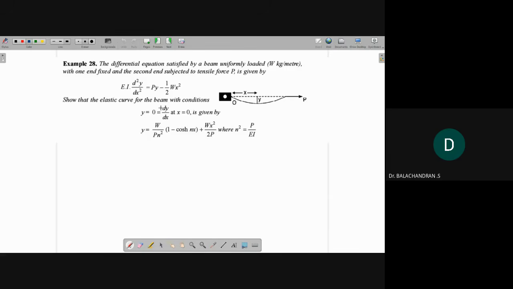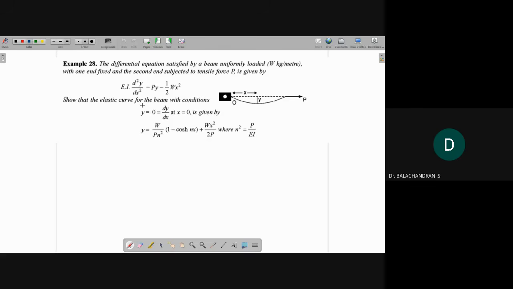The differential equation satisfied by a beam uniformly loaded W kg per meter with one end fixed and the second end subjected to tensile force capital P is given by EI d square y by dx square equal to Py minus 1 by 2 into W x square.